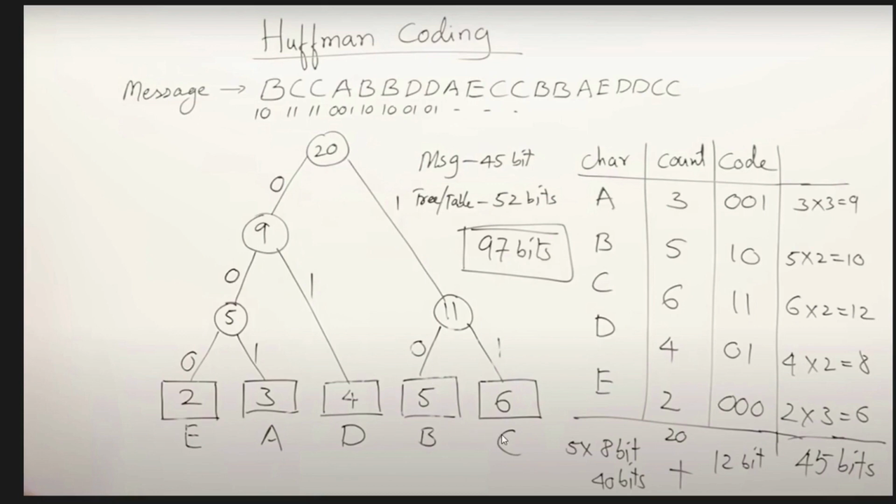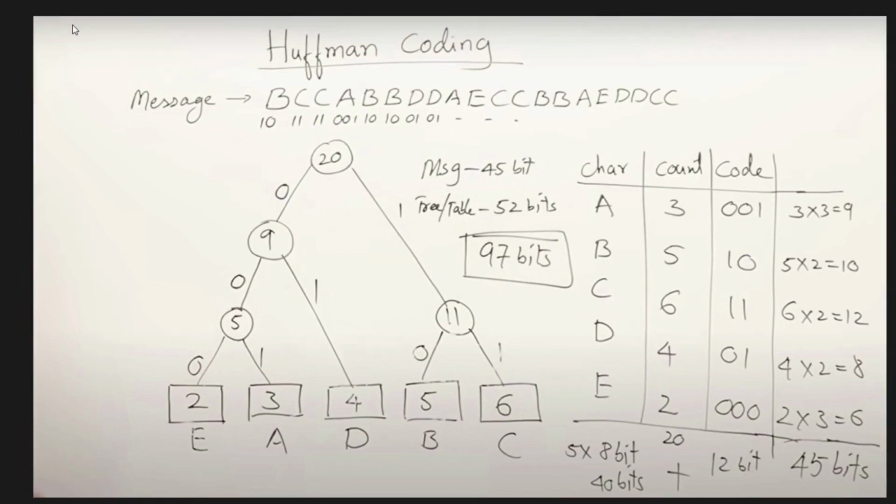And for C, a 2-bit code: 1, 1. So I have reduced the ASCII value, which is 8 bits, to another code which is just 3 bits, and in some cases 2 bits. Now let's calculate the size of the message.